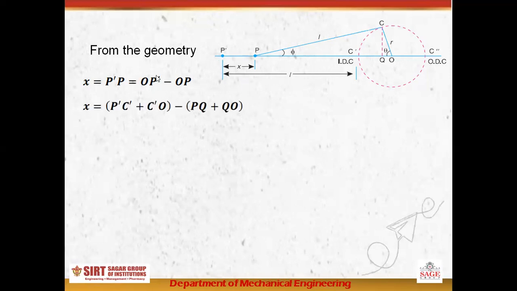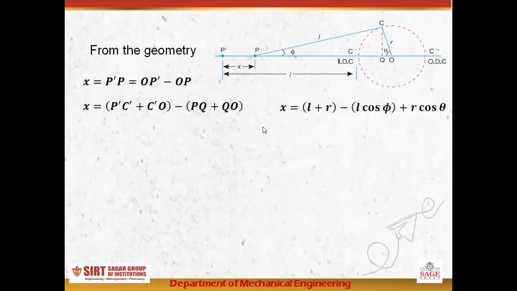Then OP dash can also be written as P dash C dash plus C dash O. And OP can be written as PQ plus QO. So this is the displacement of the piston.